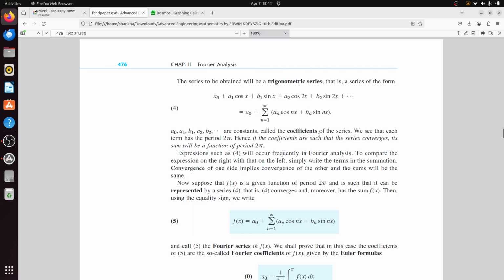These are called the coefficients of the series. We see that each term has the period 2 pi.